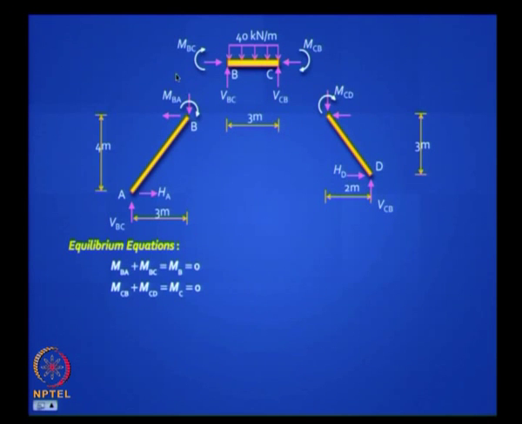You have this guy here, this VBC is going to act down on this column, and because it's inclined, it's also going to introduce something that will affect the horizontal reaction. So can you write down the shear equilibrium equation? I can ask you such a question in the exam, no calculation. Write down the shear equilibrium equation in terms of MBA, MBC, MCB and MCD.